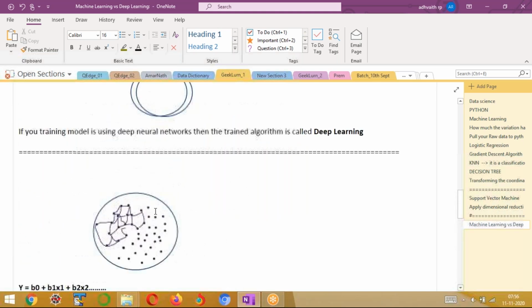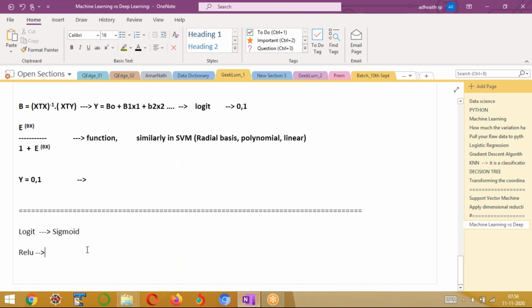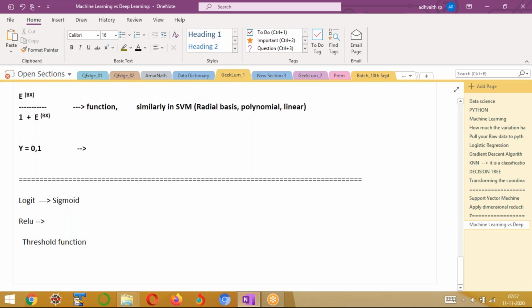So let's recall. This is called the input layer and the output layer, and it will create a hidden layer between. In that hidden layer, you will do several operations that we'll talk about later. Here, one is ReLU, another one is the threshold function, another one is hyperbolic tangent.